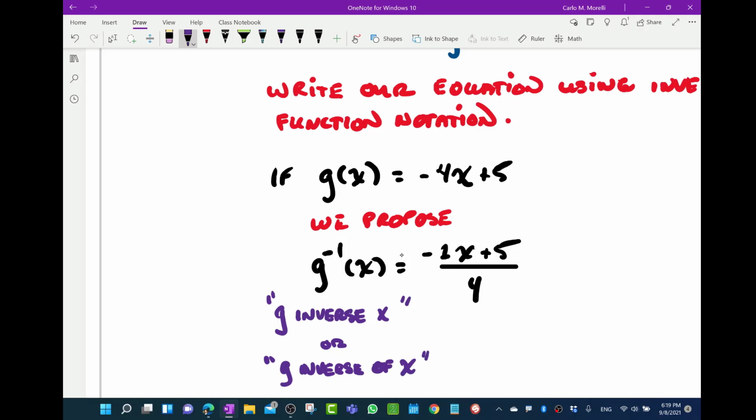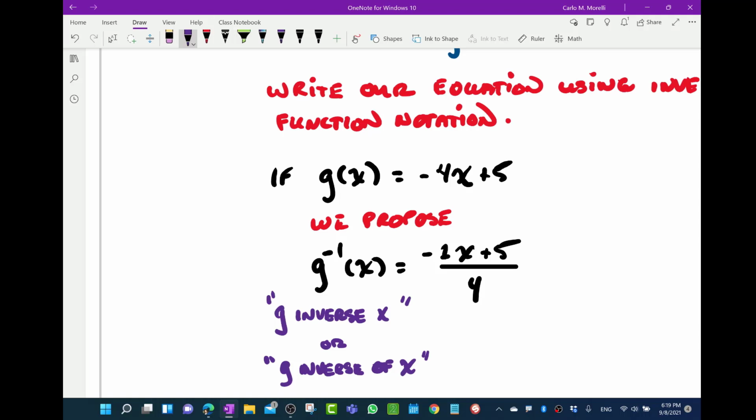Okay? So we never say g to the -1 of x. So you just get this in your head that this notation means g inverse x. Like this means g of x. This is g inverse of x. All right?